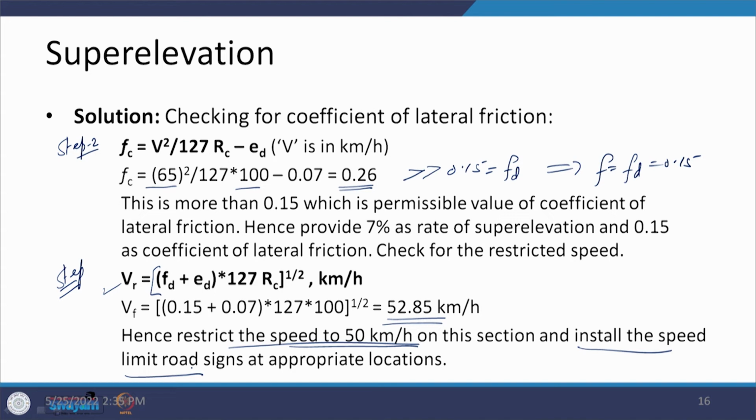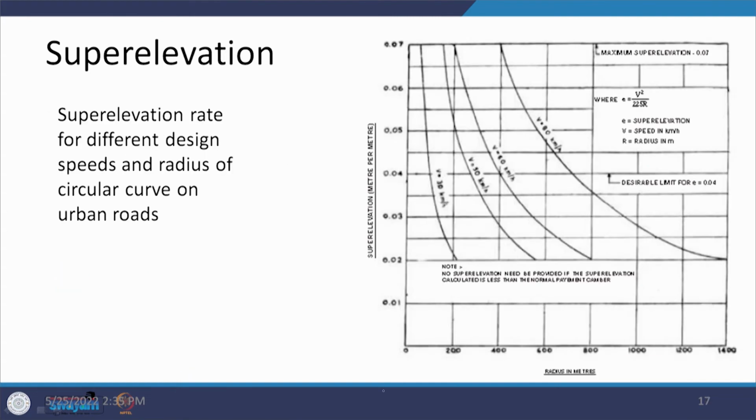So, we have gone from one example to another example to see how it proceeds and finally culminates. Now, in this particular case we have been provided with the rate of super elevations for the urban roads. There is a bit of an issue of clarity.